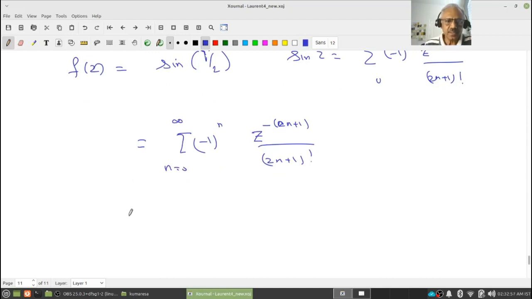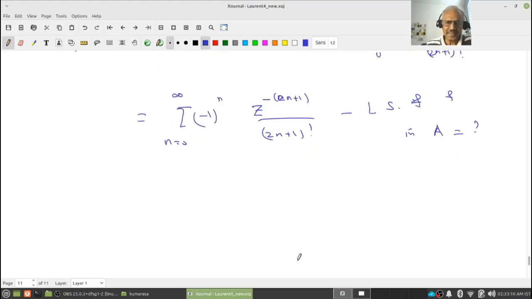Therefore this is the Laurent series of f, in which annulus you find out. Now what do we have? Therefore ck we have is minus 1 power n by 2n plus 1 factorial if k equal to minus of 2n plus 1, and is 0 otherwise.